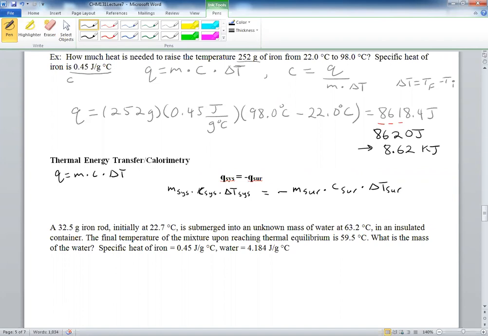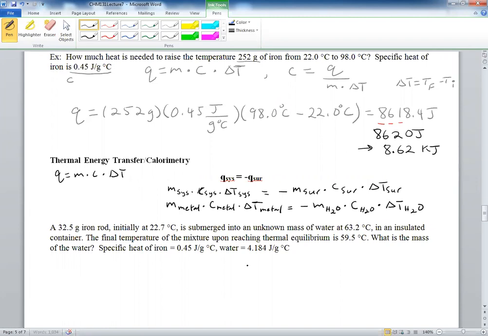Now, these problems are associated with metal submersion in water. So they usually become like this: M of the metal times C of the metal times delta T of the metal equals negative M of, we're just going to use H2O, water, C of H2O times delta T of H2O.